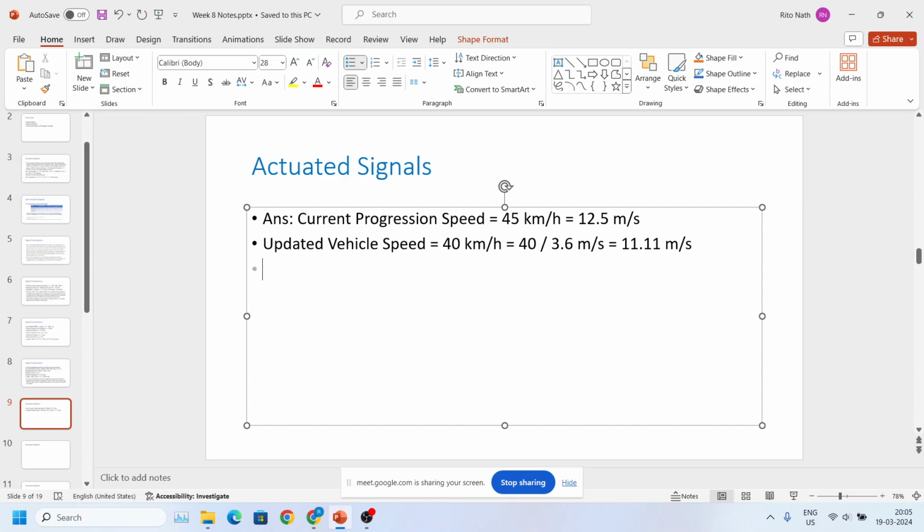Now what you have is that because of this speed reduction, your bandwidth will also be reduced. So you have platoon progression.